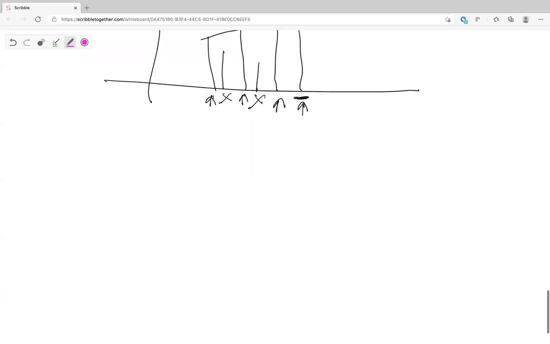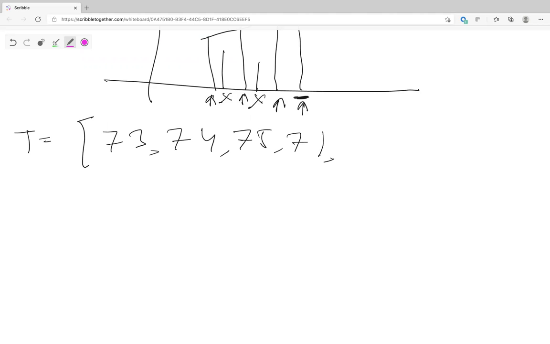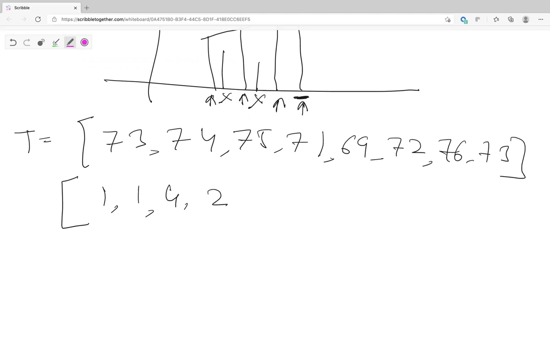Now let's say we go to the example again. Let's say you had 73, 74, 75, 71, 69, 72. This is a question where the answer is 1, 1, 4, 2, 1, 1, 0, and 0.